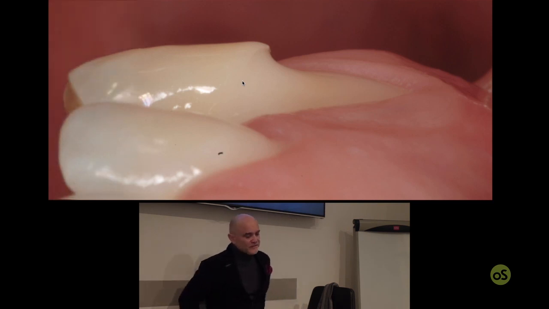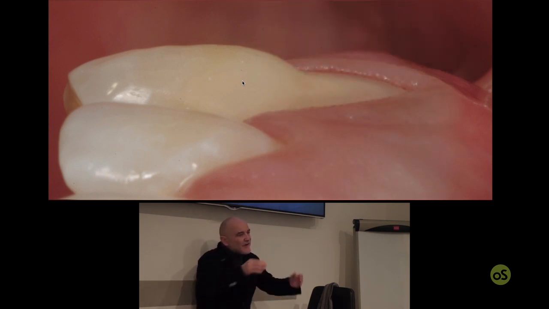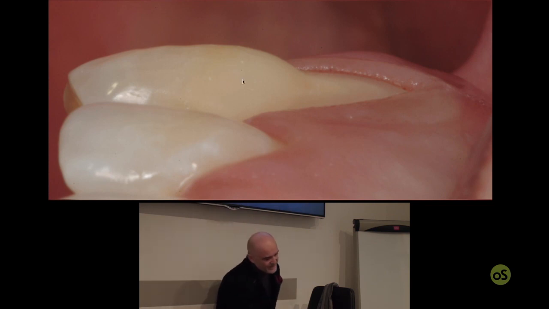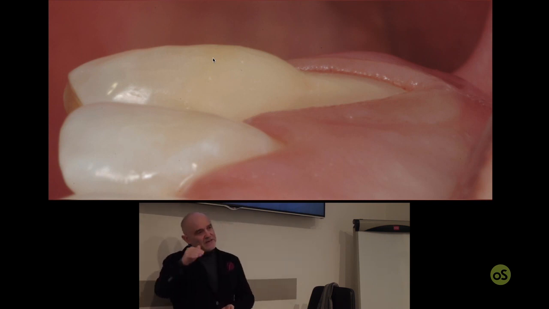How should this restoration be made? It should be done by restoring the right emergence profile of the enamel with respect to the root. We have the adjacent teeth and the contralateral teeth to see, from the restorative point of view, the best way to restore this enamel back.